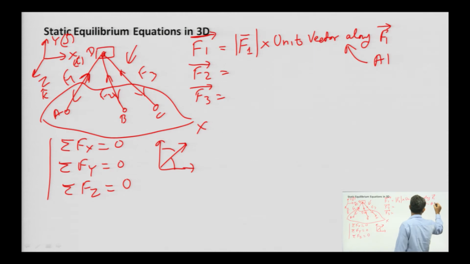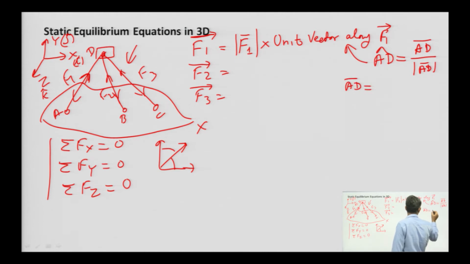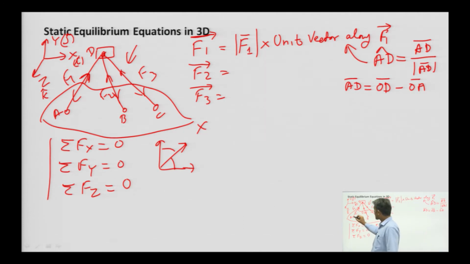So, it is the unit vector AD, and the unit vector AD is what? Vector AD divided by mod of AD. Okay. And vector AD will be what? It will be the position vector OD minus position vector OA, and the position vectors can be known to us if we know the coordinates of points A and D. If we know the coordinates of points A and D, then it is very simple.